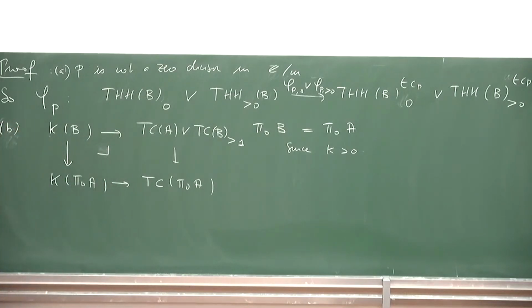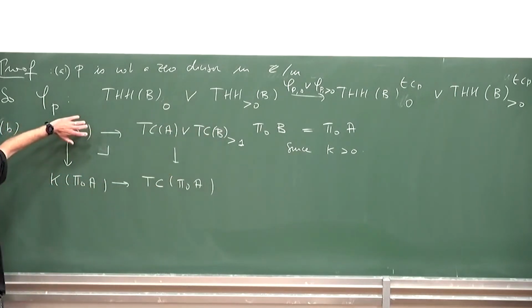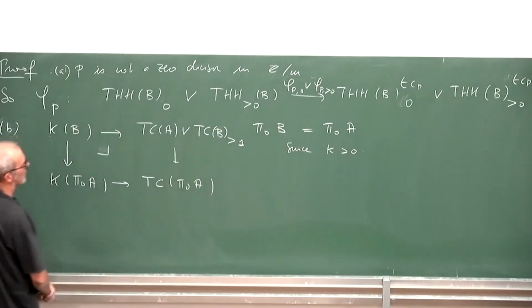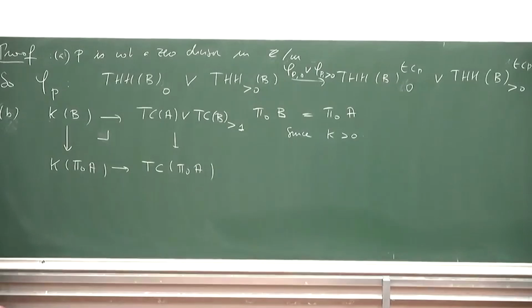And if we forget this part and put here A, we have our fiber square. So if we add this part, we will have actually just the splitting of the K-theory of B. So this gives us the formula.